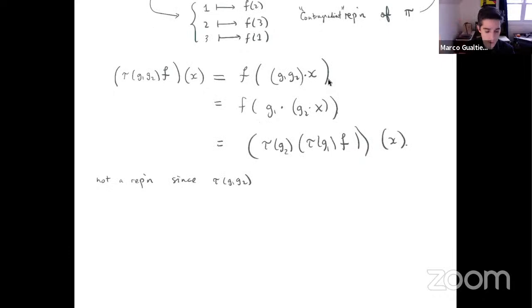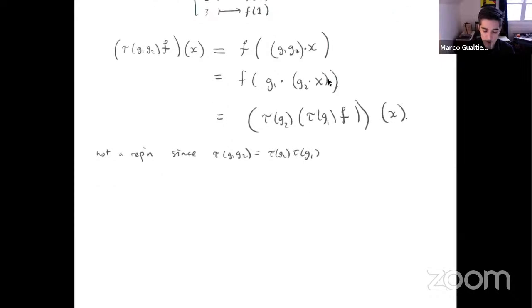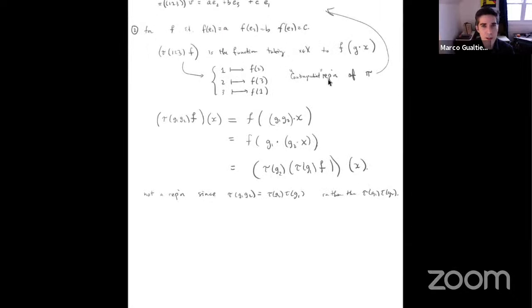So it's a linear map, but it's not the product. It's not the composition of the two linear maps, tau of G1, tau of G2. This group, by the way, is not abelian. Does everyone see how that is?